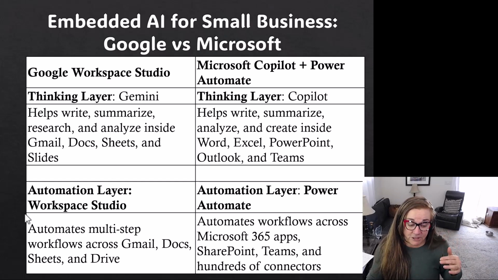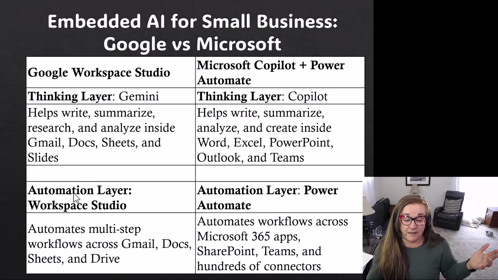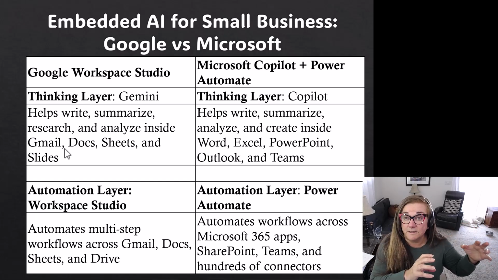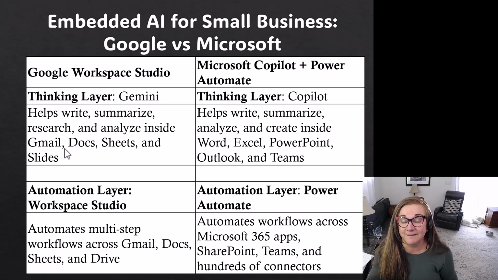And then if you want to take it the next step to automation, you need to upgrade, so you have Workspace Studio in your Google world. That hooks them together if you want, so you can do some multi-step automation between them.